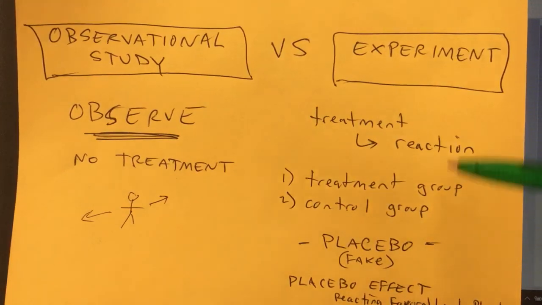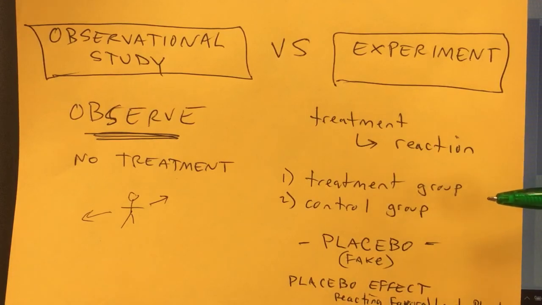Right now, they're doing experiments on getting a treatment for this COVID-19. They're trying to get some kind of treatment so that we do not have to worry about this COVID-19.